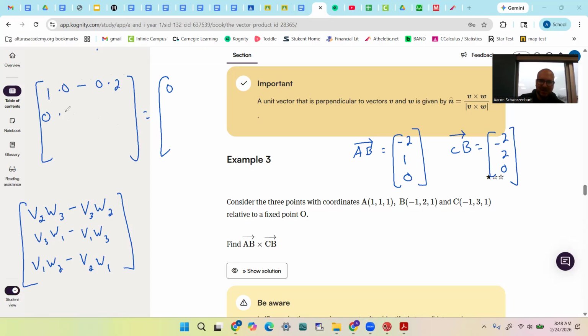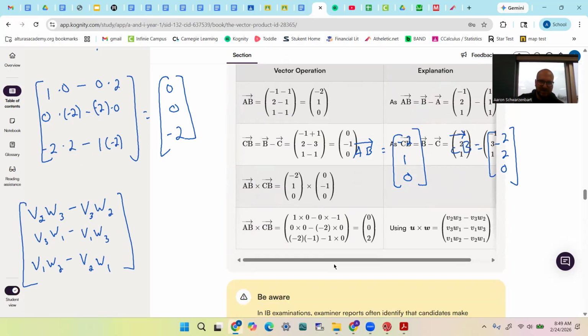Next one: 0 times W1 is -2, minus V1, 2, 0. Yes, 0. And V1, -2 times 2 minus V2, 1 times -2 is... -4 plus 2. No, that's -2.